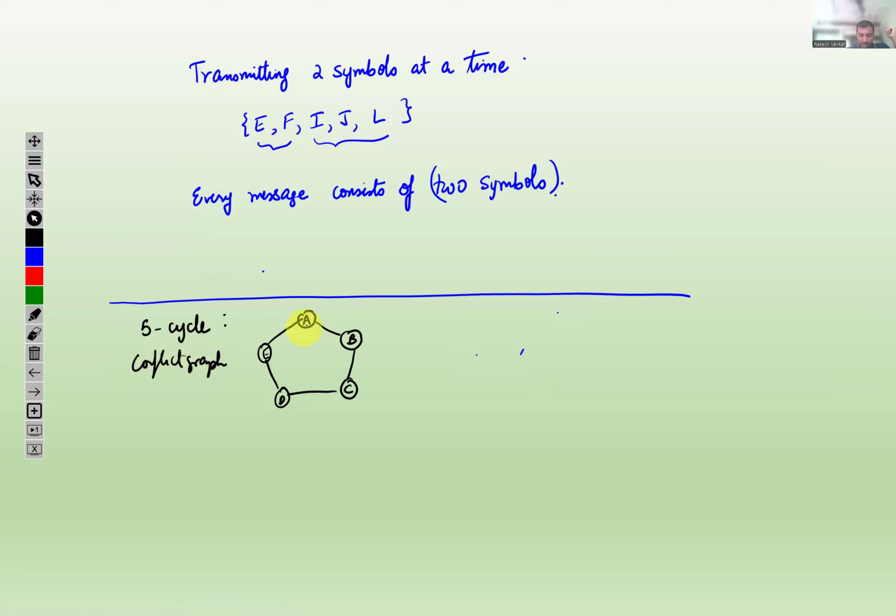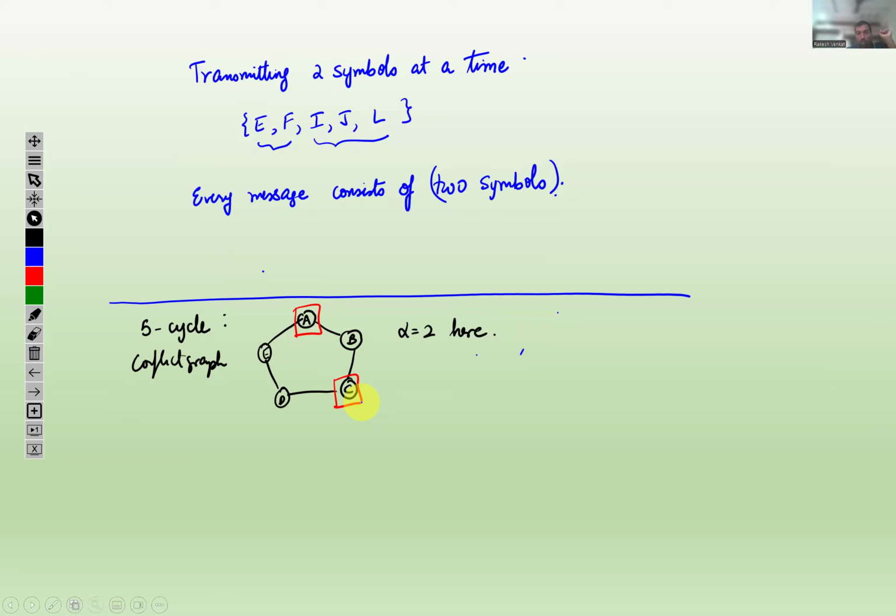So if I send A, it could be confused. So I cannot send A and B. A can be confused with B or E and so on. So the size of the maximum independent set here is 2. But now let me take, say, A and C as the independent set.